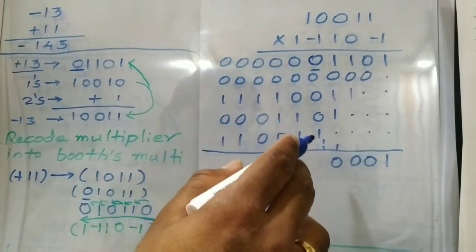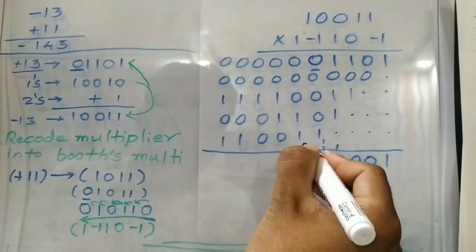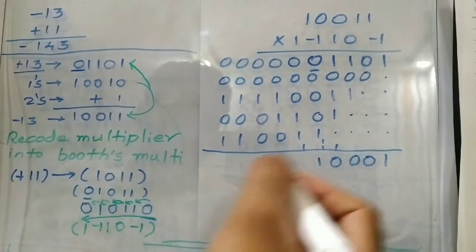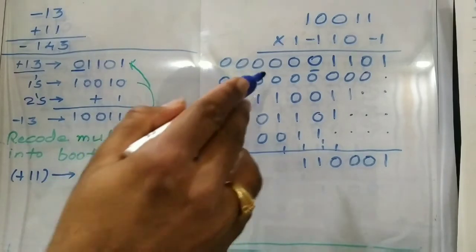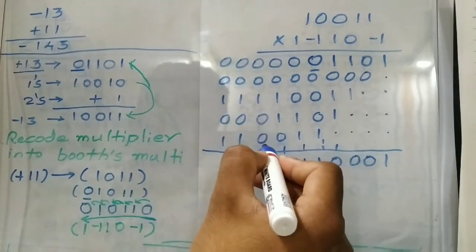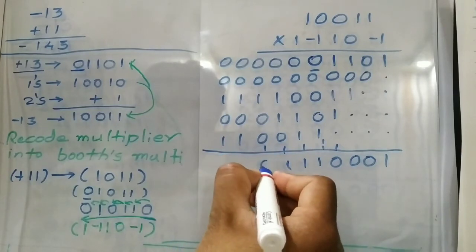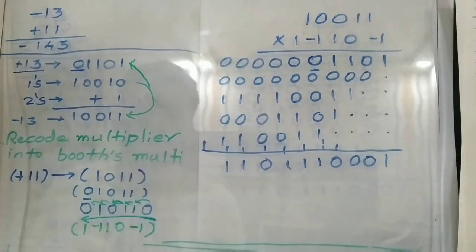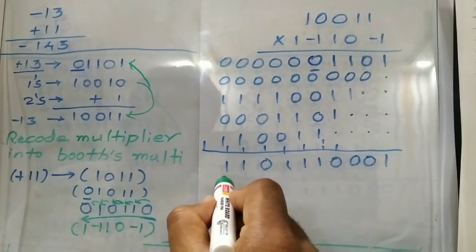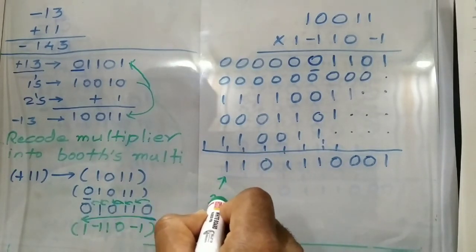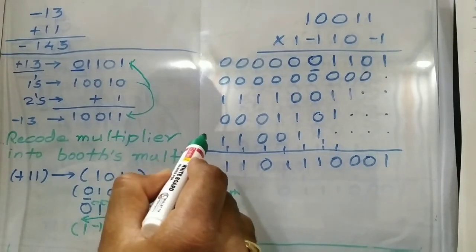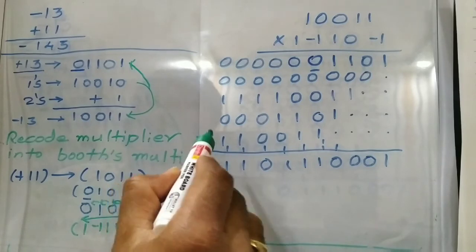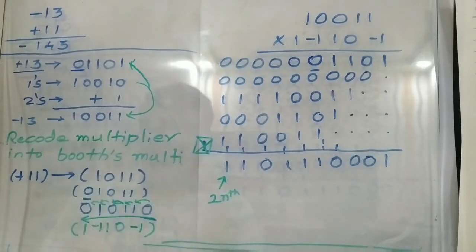Now here we have 3 1s, so we can write 1 and 1 carry, again 1 carry, again we have 3 1s, that will be 0, again we have 3 1s, so we can write 1 1 1. If you remember, in the result also we have to consider up to the 2nth bit only, so we'll discard this carry. So this is our final answer.